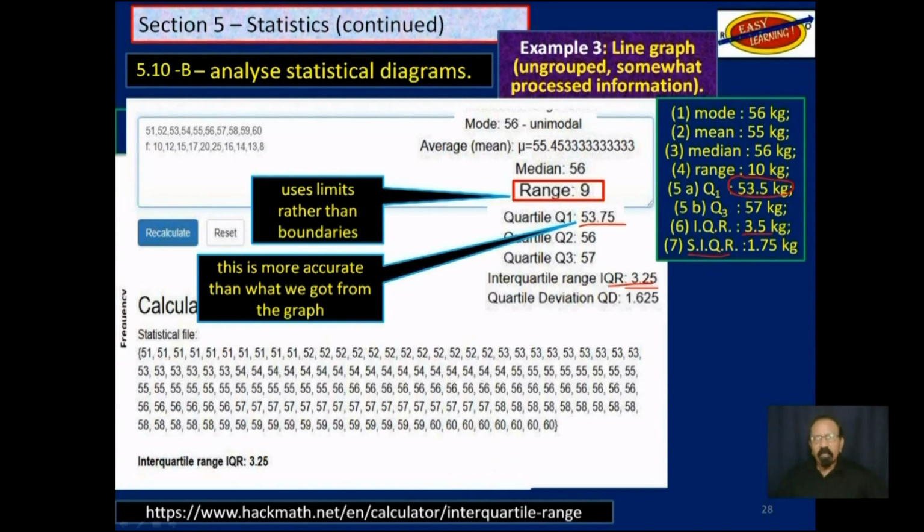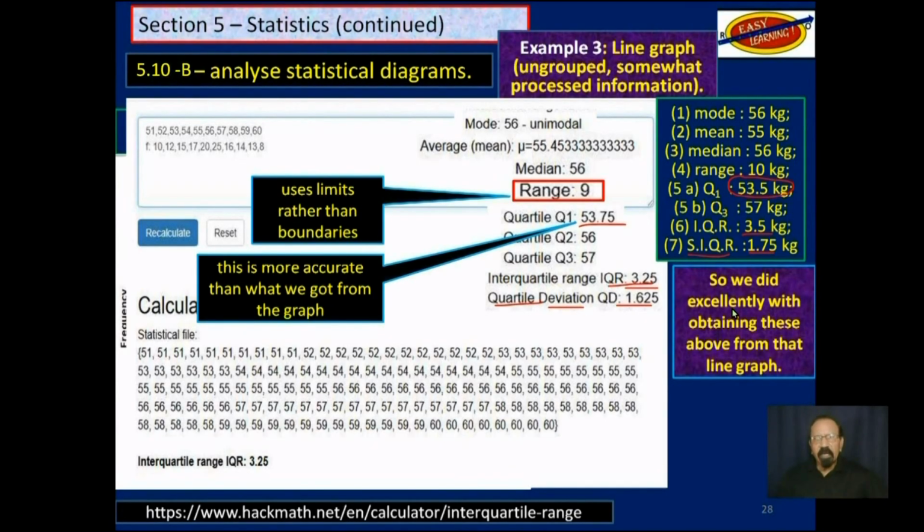And the semi-interquartile range, 1.75. And they gave us 1.6. So very close. And they call semi-interquartile range the quartile deviation. So we did excellently obtaining these results from a graph when we compare that with the online calculator.